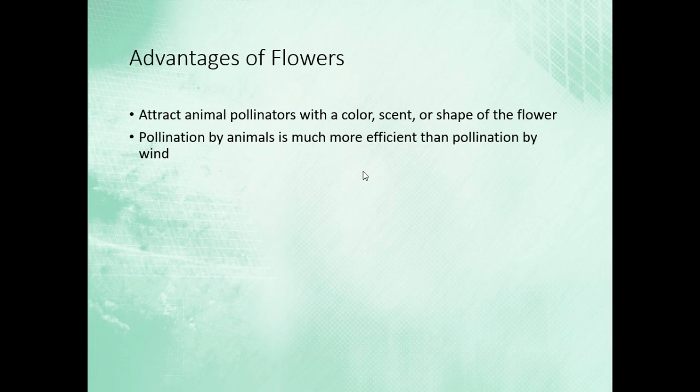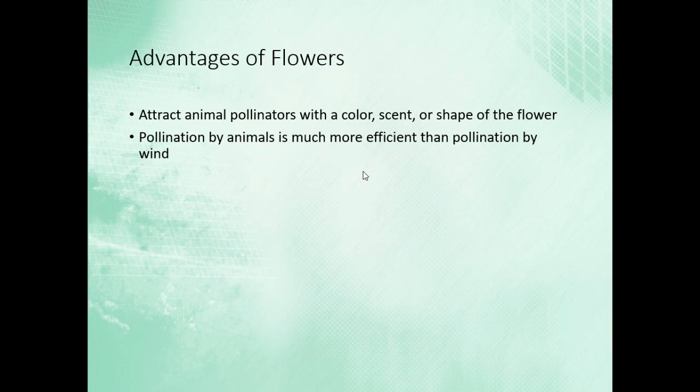Advantages of having flowers. It's kind of nice for the angiosperms because they're different from the gymnosperms in that they can attract animal pollinators a lot easier because they have pretty colors, or maybe they have a certain scent that they give off, or maybe it's just the shape of the flower. They can attract it, whereas a gymnosperm doesn't really have that ability.